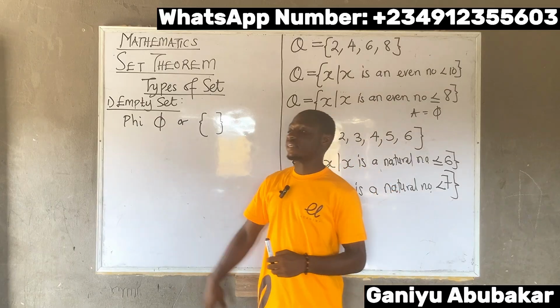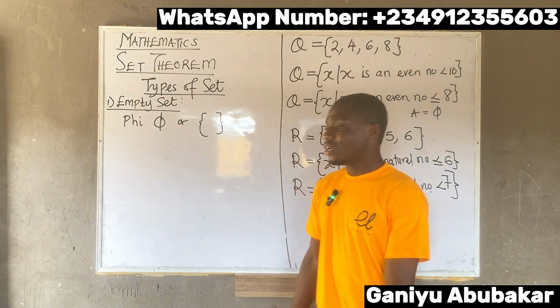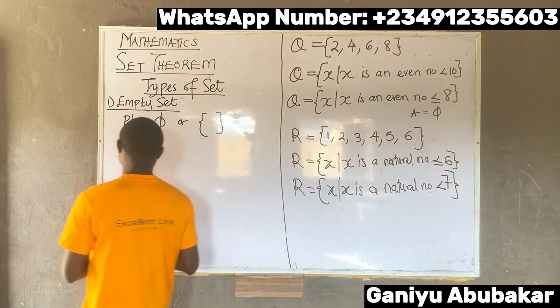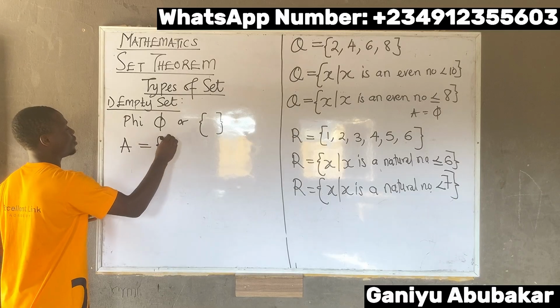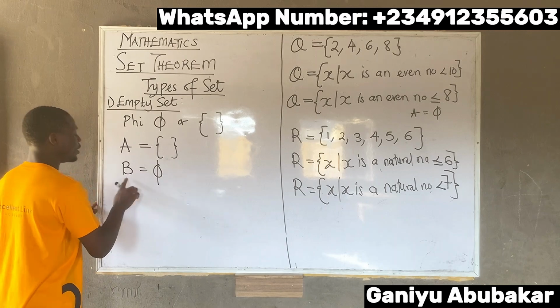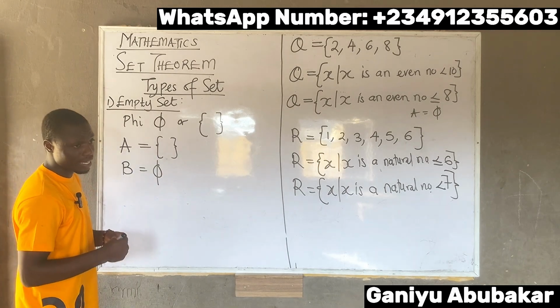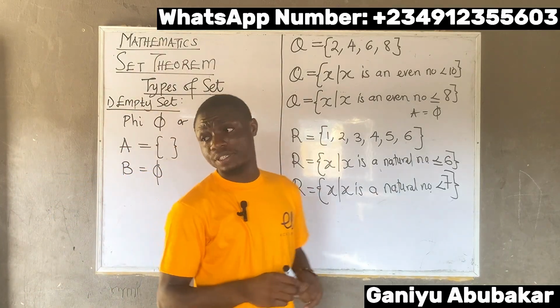That's number one. So if I have a set A equal to this, or a set B equal to this, it means set A is an empty set. Similarly, set B is an empty set.